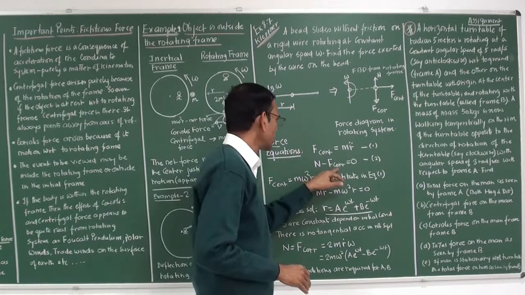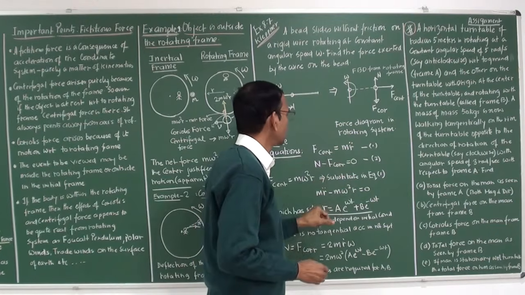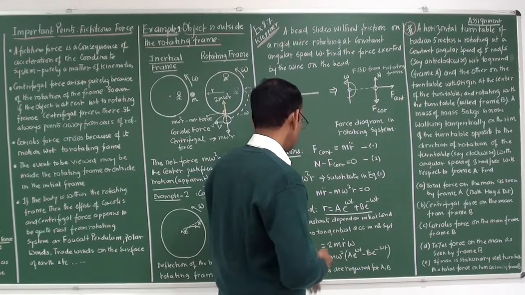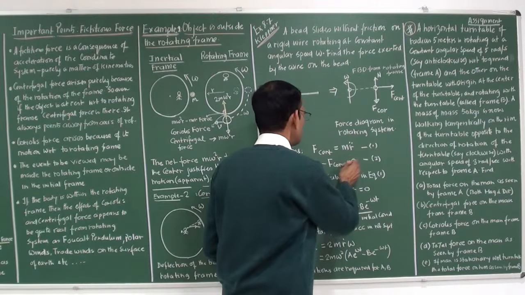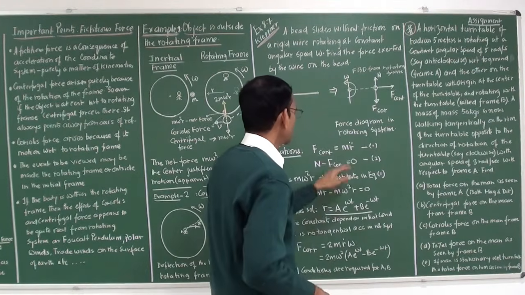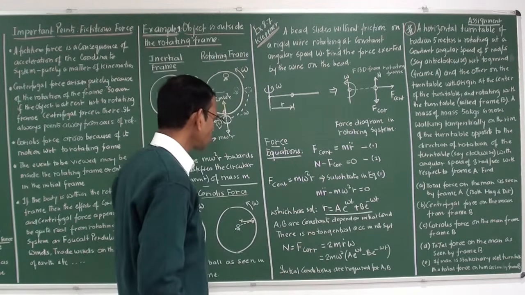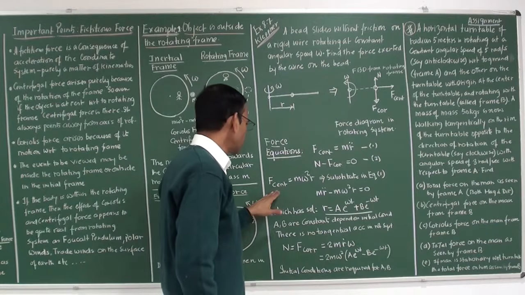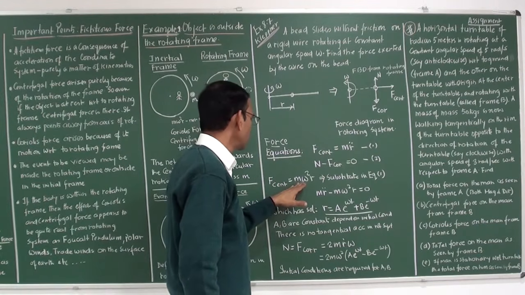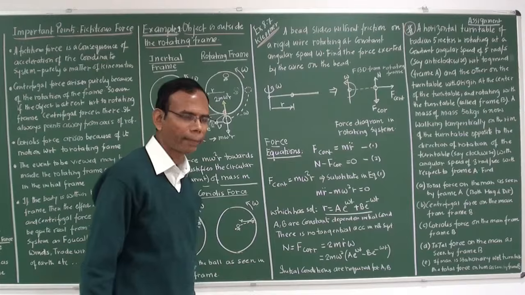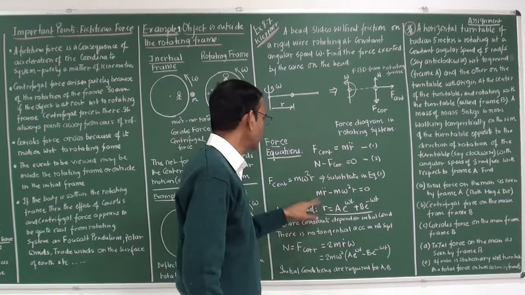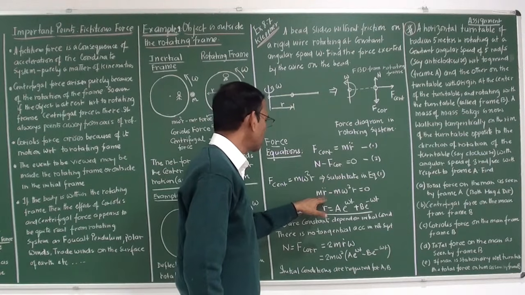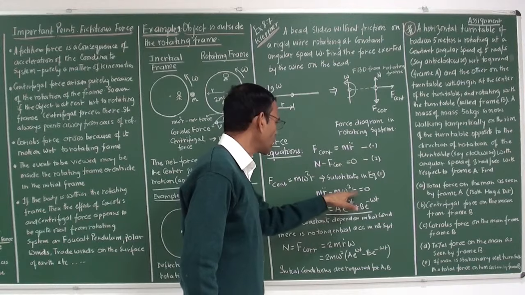So F minus F Coriolis is equal to 0. Now F centrifugal is, we know, m omega square r. So substitute back: m r double dot minus m omega square r is equal to 0.